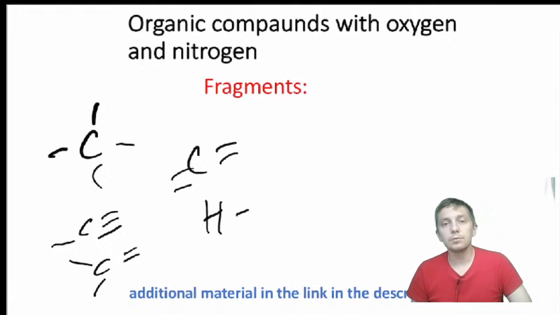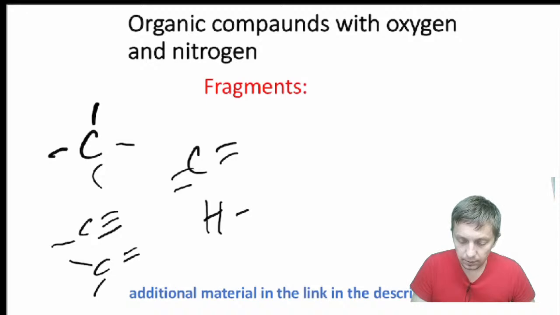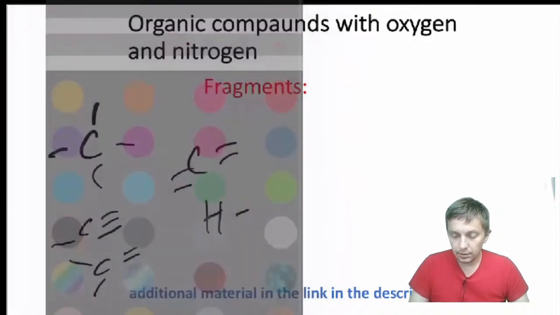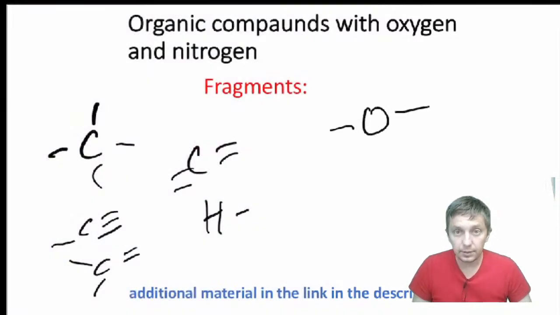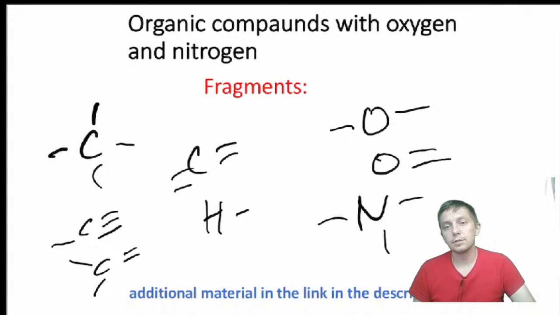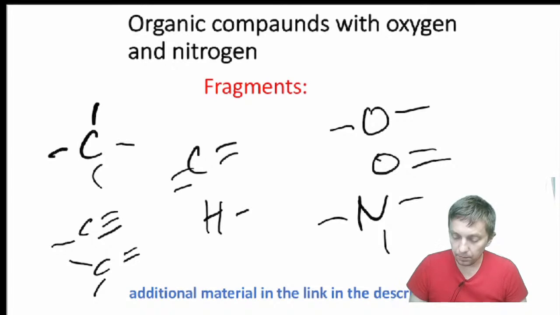Sometimes we also deal with oxygen, and for oxygen we have two possible fragments, like this or like this. And with nitrogen, in 95% of cases, everywhere except compounds where nitrogen is bonded with oxygen, we deal with nitrogen which has 3 bonds, and if it's charged, it has 4 bonds.